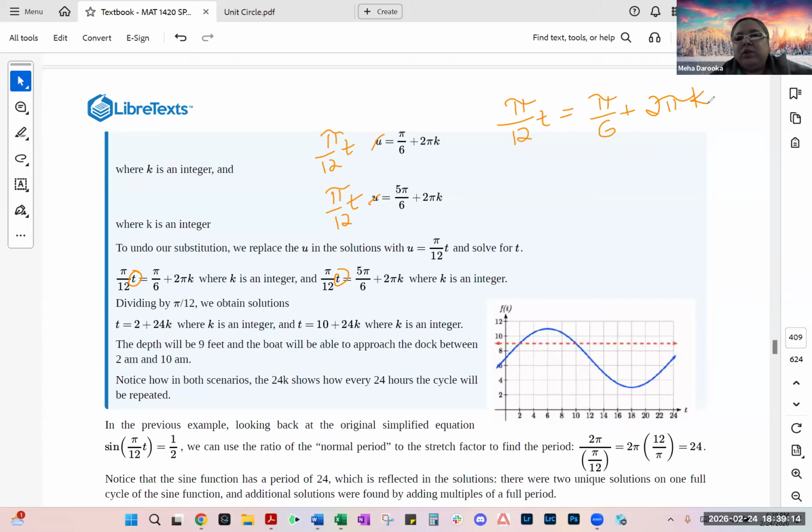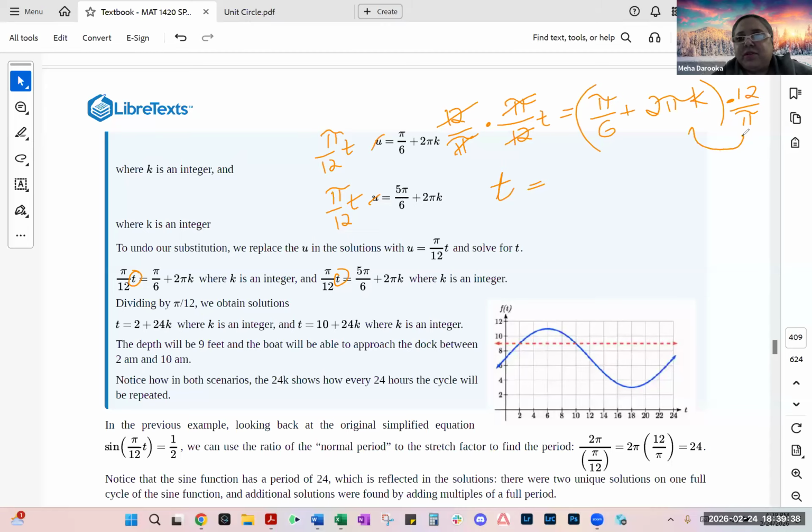Remember, our goal is to get t by itself. You can do this in one step or two steps, it's up to you. But basically, to get t by itself, we want to get rid of that fraction, which means we can multiply both sides of our equation by the inverse of pi over 12, so that pi and pi cancel out, and 12 and 12 cancel out, giving you t on one side.